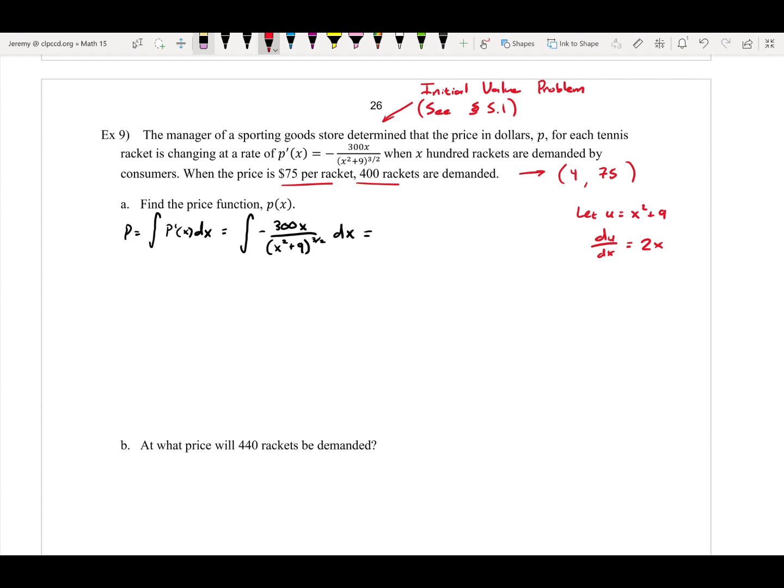So things are looking pretty decent. Solving for dx, du over 2x is going to be equal to dx. This is an indefinite integral, so I don't have any limits of integration to transform, so I'll be able to stop here and just hope for the best. So I'll put u in for x squared plus 9, and then there's my du. Let's see what this looks like.